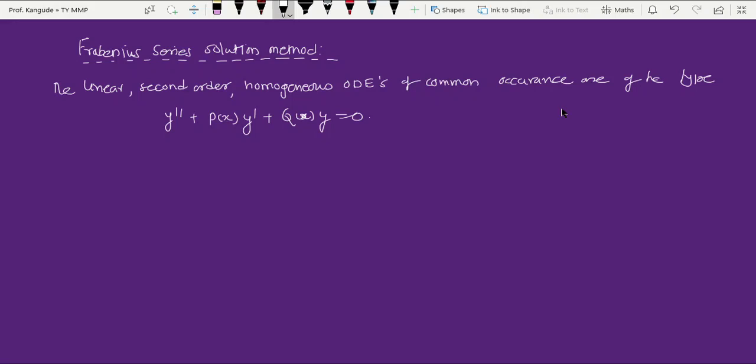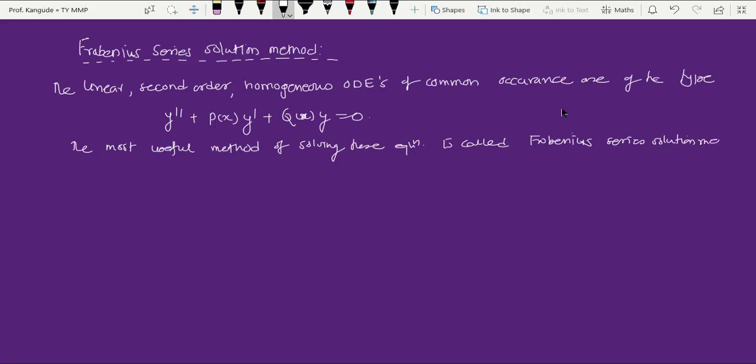Okay, now the most useful method of solving these equations is called the Frobenius series solution method.